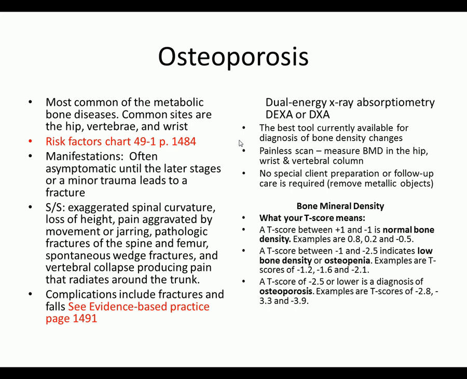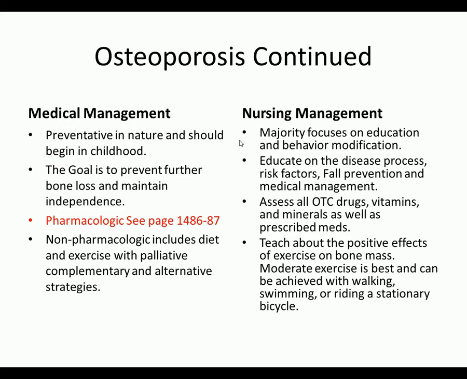Medical management for osteoporosis is preventative by nature. It should begin in childhood. Your goal is to prevent further bone loss and to maintain their independence and their ability to care for themselves.